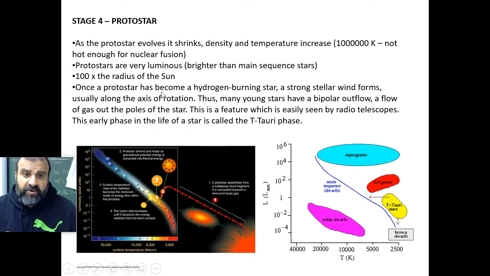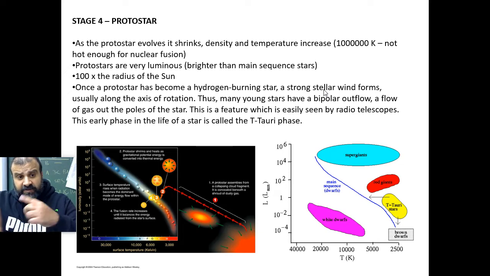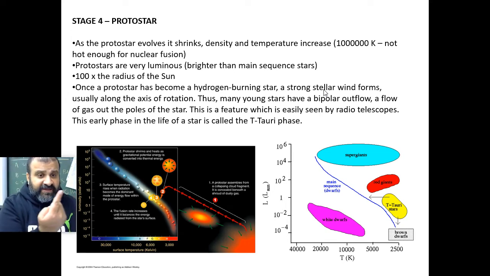Next step, once a protostar becomes a hydrogen-burning star, once nuclear fusion starts, a strong stellar wind forms. A stellar wind is the expulsion of all sorts of subatomic and atomic-sized particles, generally from the poles along the axis of rotation, so from the north and south. So what we see in the protostar, it's spinning in a disk, right? So we've got the protostar spinning in the center.